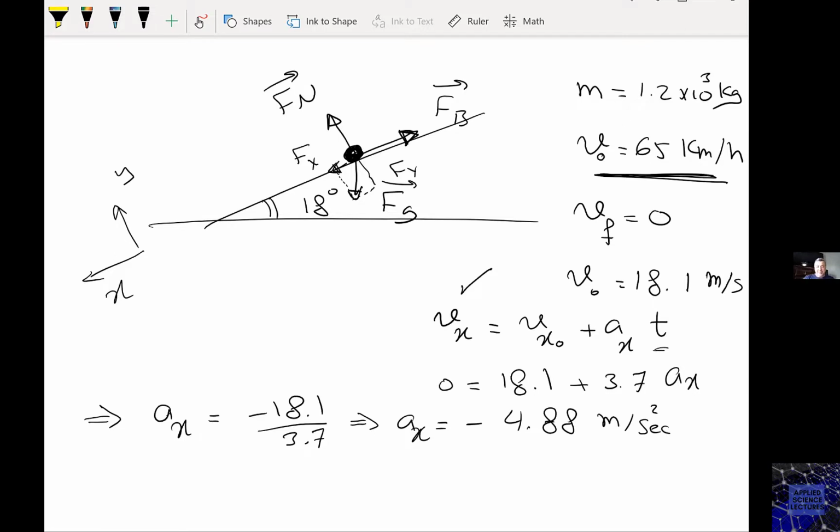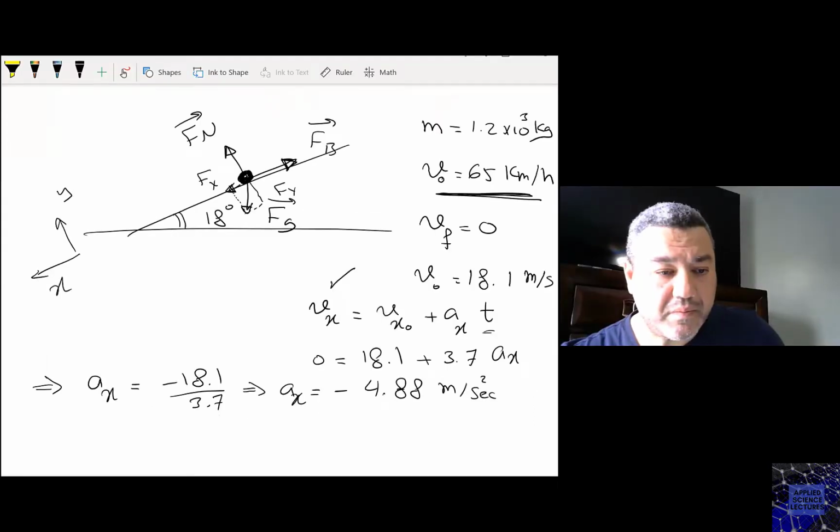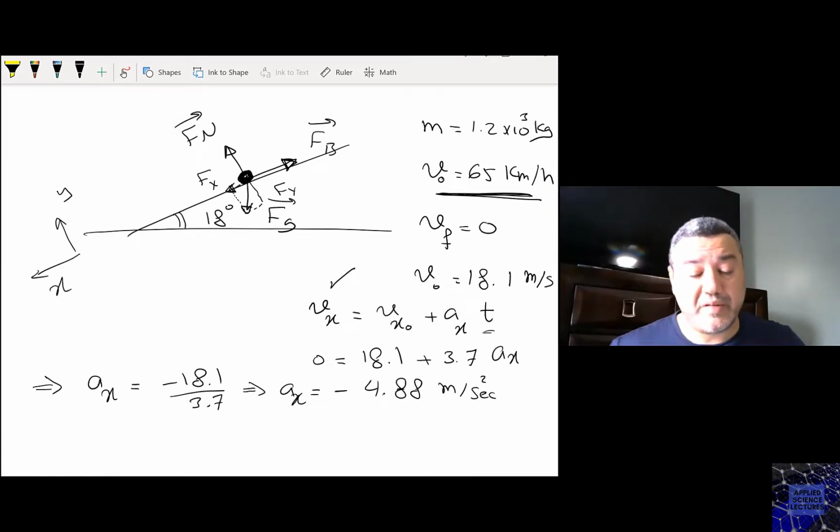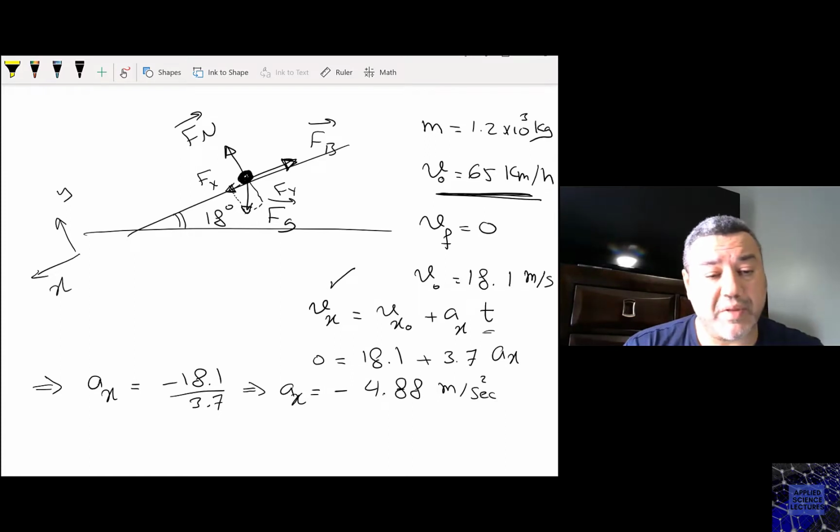So we have a deceleration here. So we have the car decelerating due to that brake force that is applied till it reaches the stop.